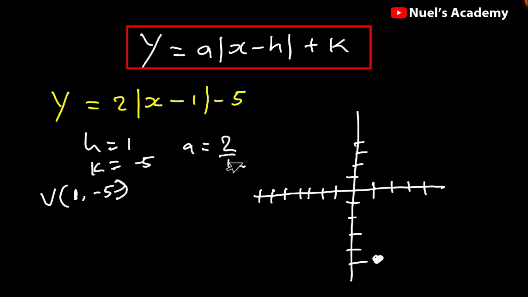Okay, so this slope is 2 over 1. That is 1 to the right, and then 2 up, and then 1 to the left, then 2 up. Now let's start here. We have 1 to the right, 2 up, 1 to the right, 2 up, 1 to the right, 2 up. So here we have 1 to the left, 2 up, 1 to the left, 2 up.